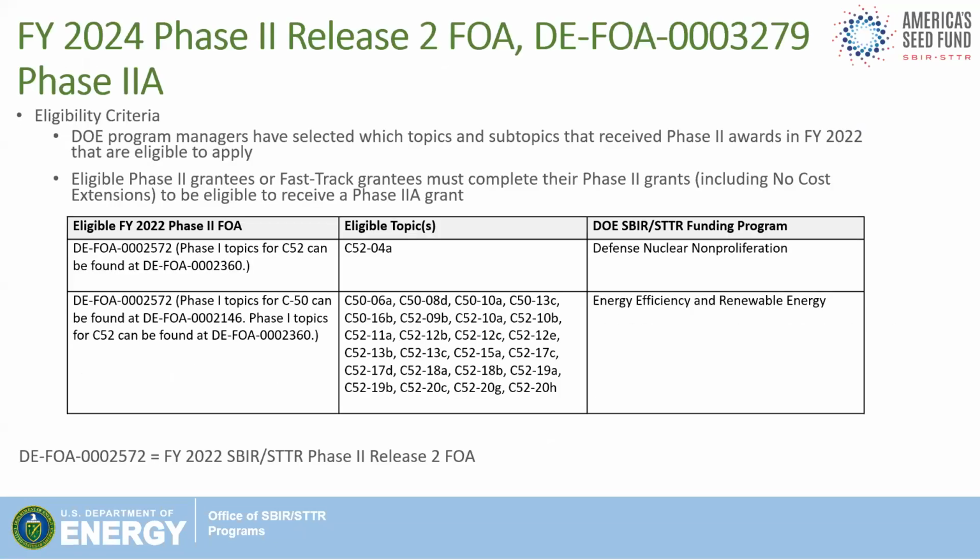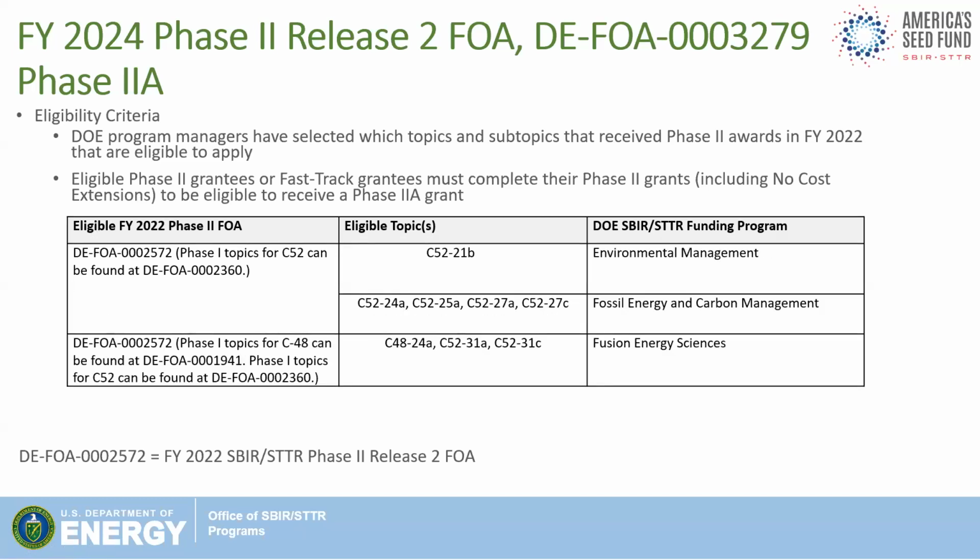Now, here we're just showing some of the tables that are in the funding opportunity announcement. As I mentioned, for 2A, you're going to need to look through here and see if your topic and subtopic were listed. If they're not listed here, you would not be eligible to apply for phase 2A. If you have any questions about this, please email us, call us. If you didn't see your topic there and you talked to your program manager and they thought they'd put it in, let us know.